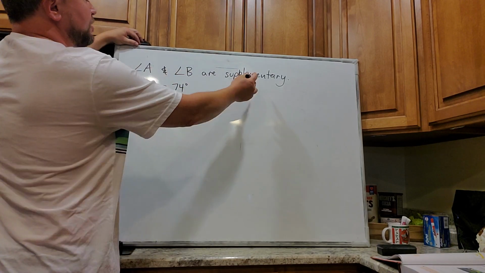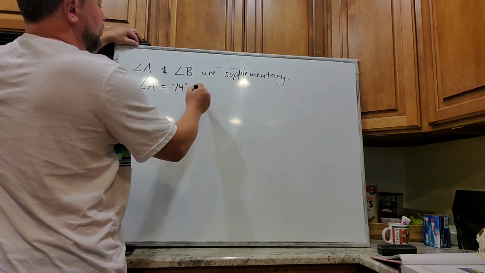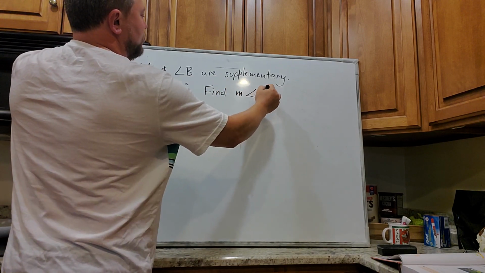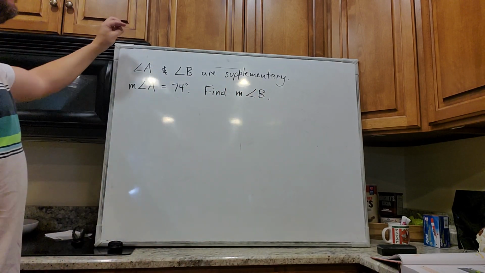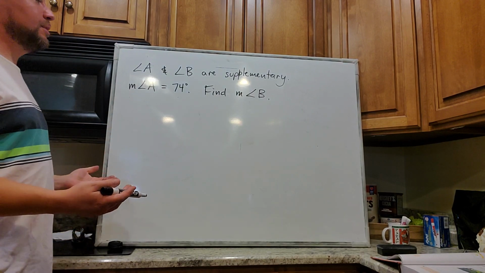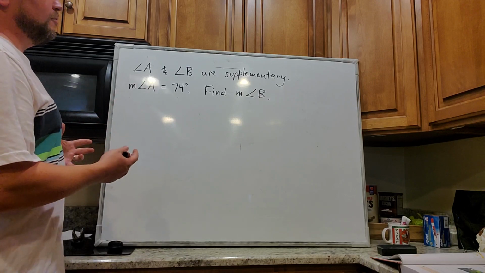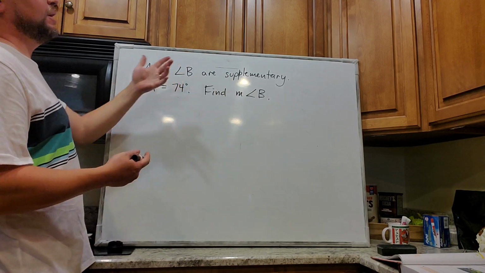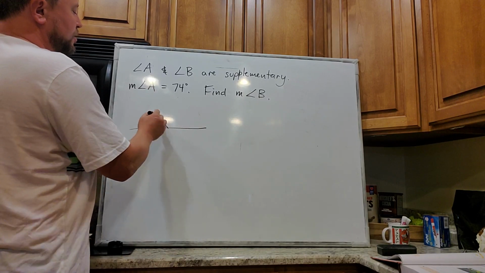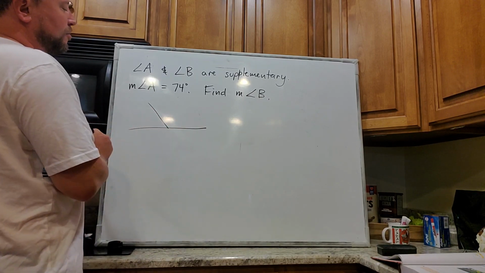Okay, so A and B are supplementary, angle A is 74, and then they might say, find the measure of angle B. Now, you don't have to have a picture to go along with this, but if you wanted to get a visual, if they're supplementary and they were side by side, then they would form, you know, like this, a pair that would form a straight line.